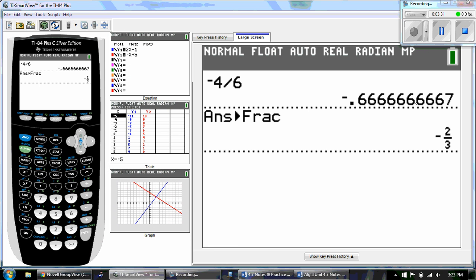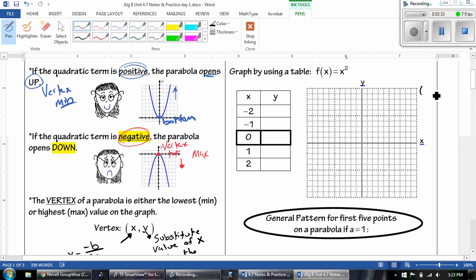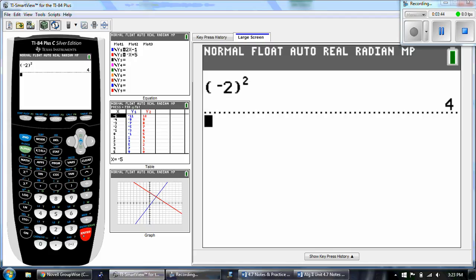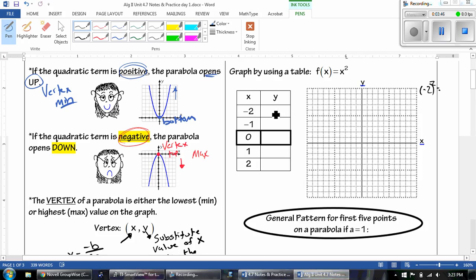So first, coming back over here, we have negative 2 squared. You should know this, but if you don't, you're taking negative 2 in parentheses and squaring it, and we get 4. So when we plug in negative 2, we get 4. Negative 1 squared is 1.